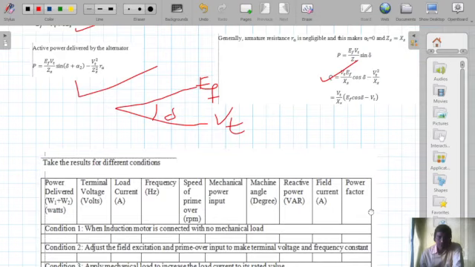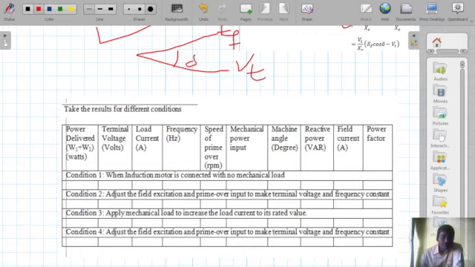And we have to fill out this table where this is the power delivered by the alternator, that is W1 plus W2, this reactive power, this power factor.